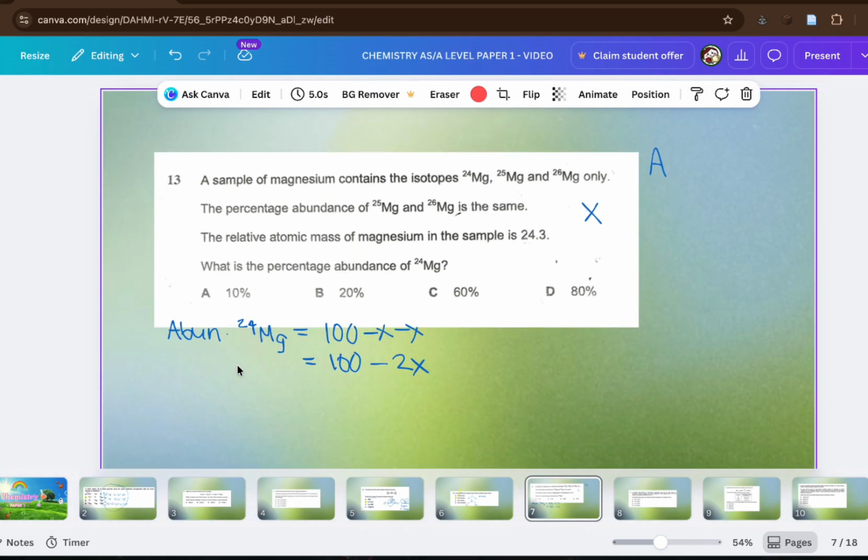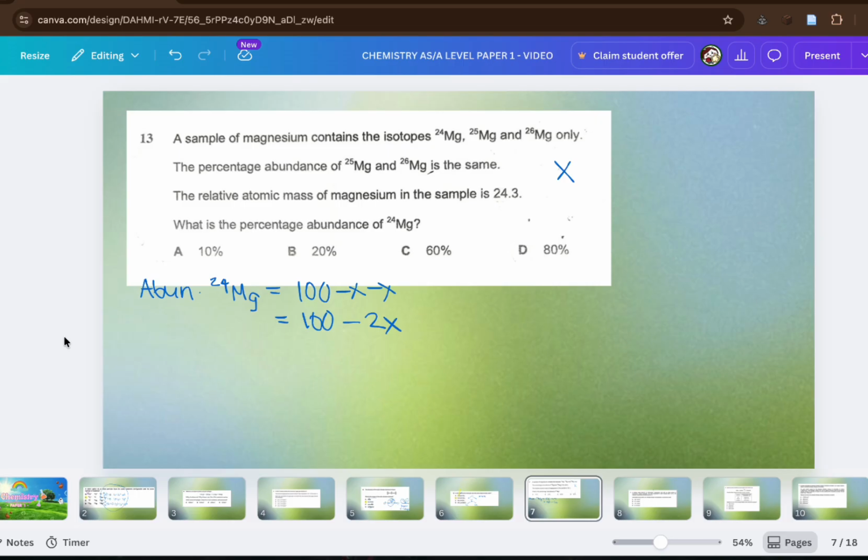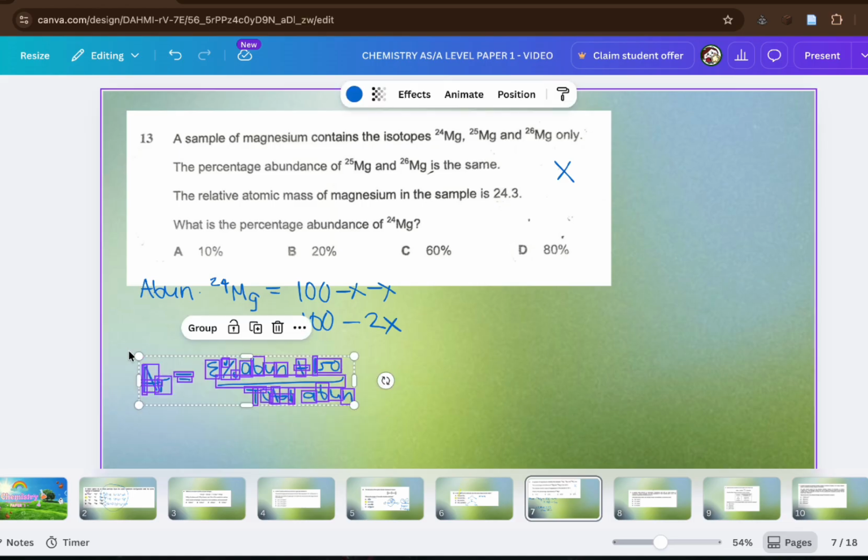I'm gonna make it smaller. Okay, let's just put it in the corner there. Okay, now AR equals sigma percentage of abundance times isotope over total abundance. Alrighty, so that's it.